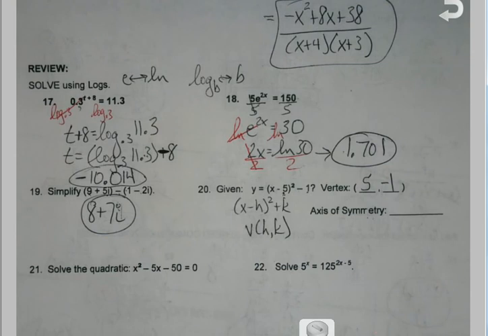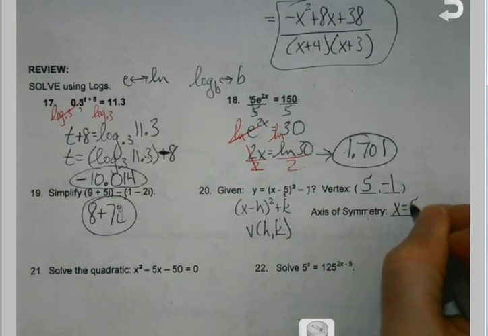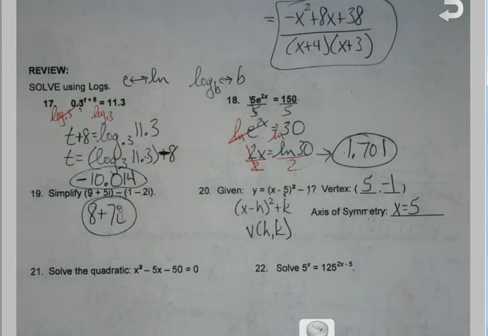So 5, negative 1 would be my vertex. You could find that punching it into the graphing calculator, but it takes some more time. And then my axis of symmetry is always just going to be the x value of my vertex. And I have to have x equals.